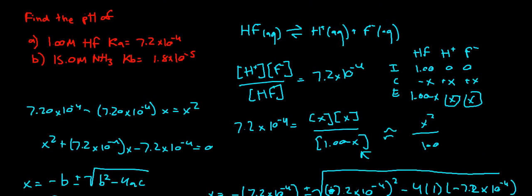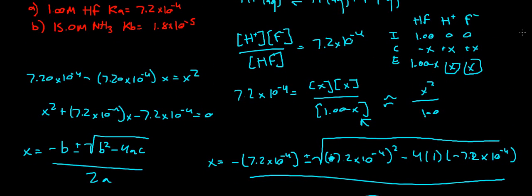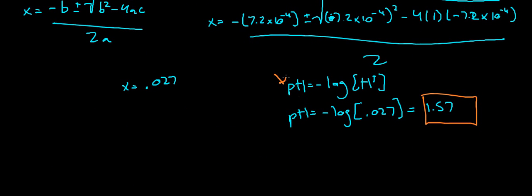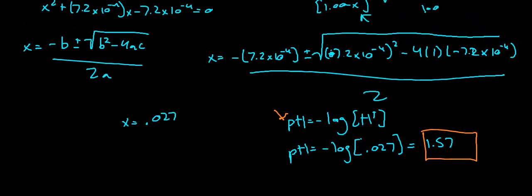So this is approached like a regular equilibrium problem, and I had to do the equilibrium to find out the concentration of hydrogen at equilibrium. Then I simply use the pH formula. Simple enough.